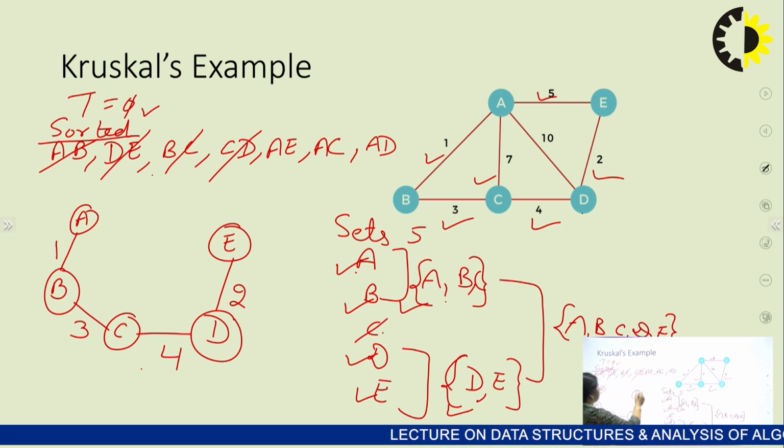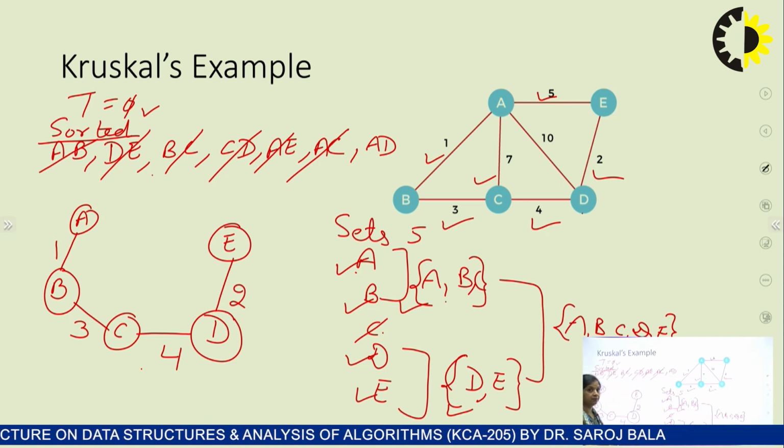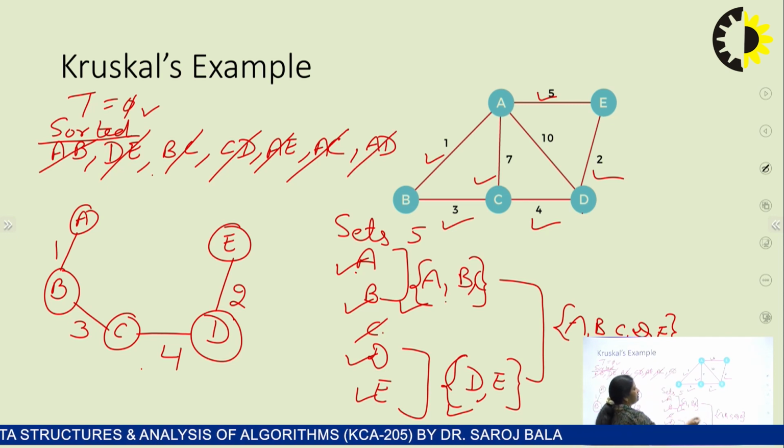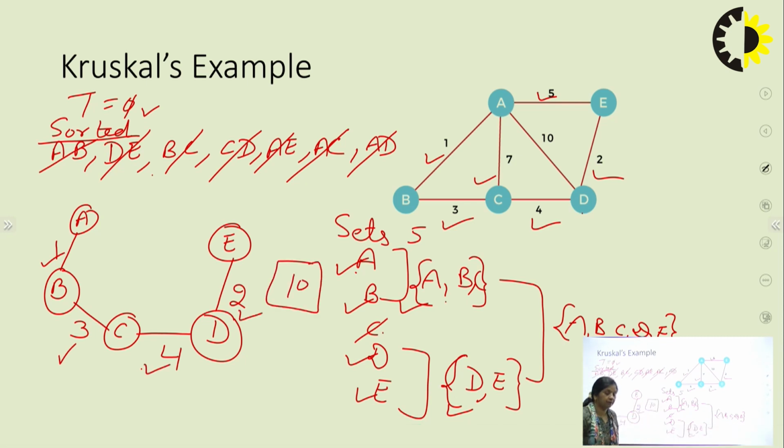Now, what have we taken? AE. A and E are in the same set, so don't include it in the minimum spanning tree. Next is AC. AC, both are in the same set, don't include. AD in the same set, don't include. So this is our spanning tree. 1 plus 2 plus 3 plus 4, that is 10. So the minimum spanning tree cost is 10.